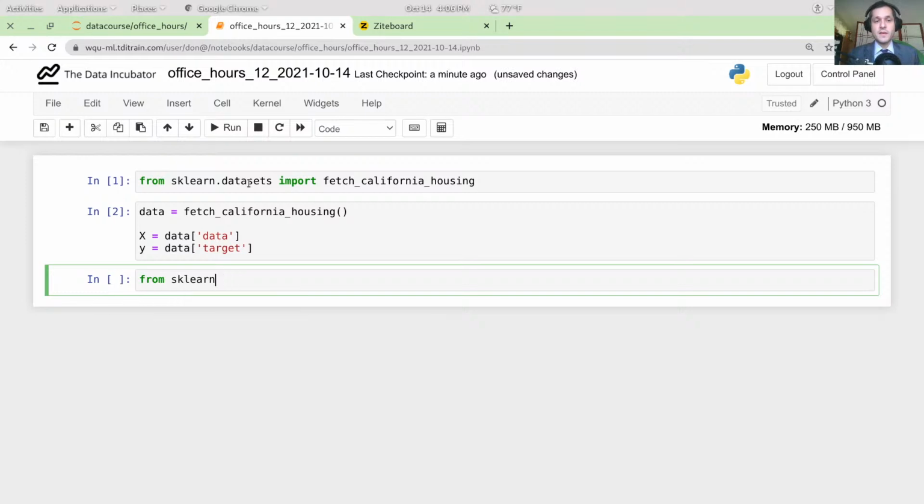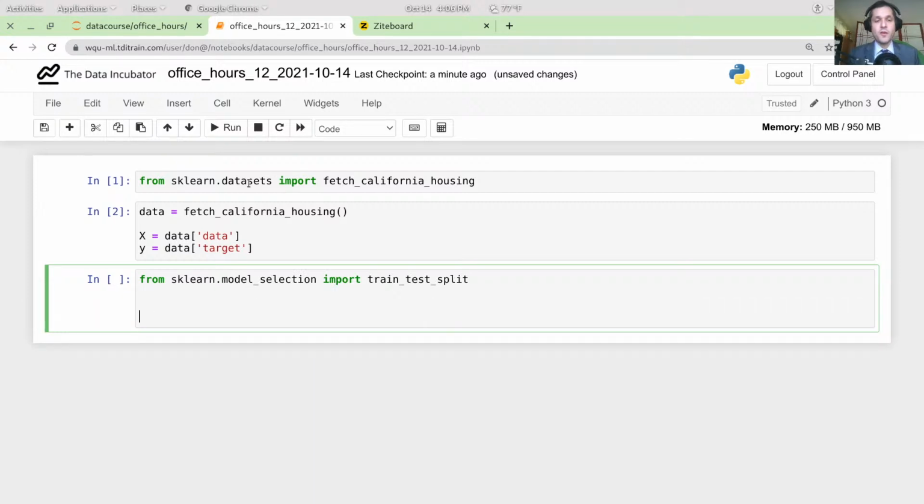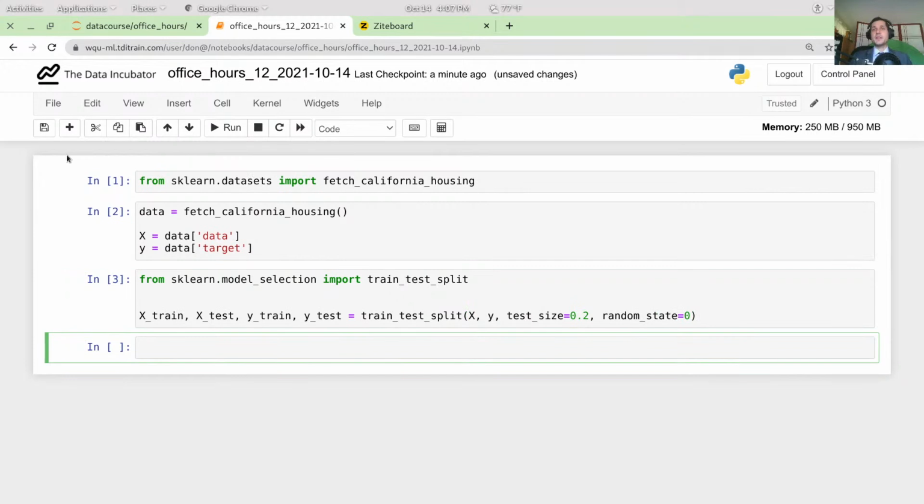From sklearn model selection, import train test split. And I will perform the train test split right here. Okay, did my train test split.